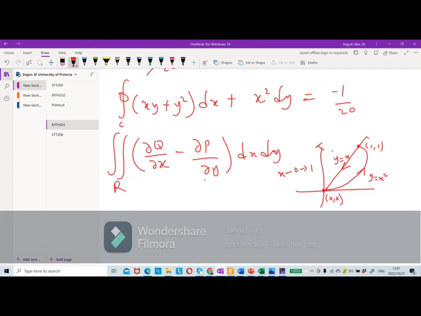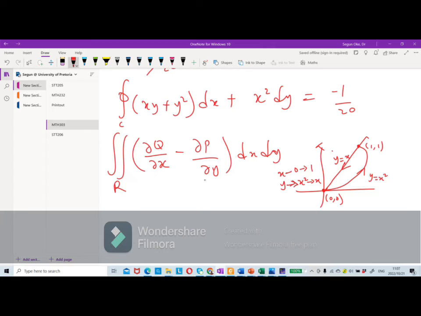So if this occurs, what happens to the next value? The other way, our y will also move from x squared to x. Are you getting the direction now?